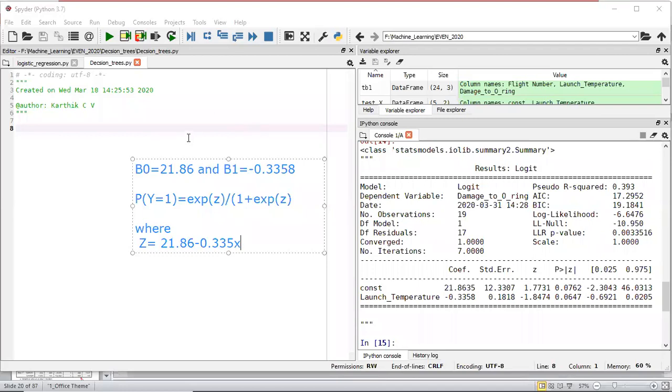So now this is the model I have developed.